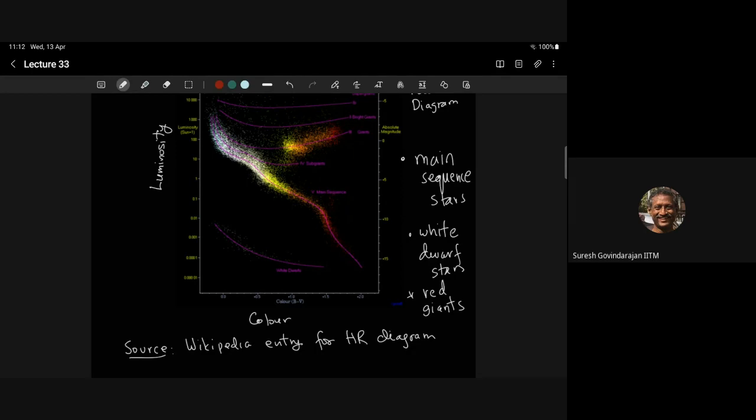But white dwarf stars are stars for which all the hydrogen is used up. And so the next step in the fusion reaction is helium.